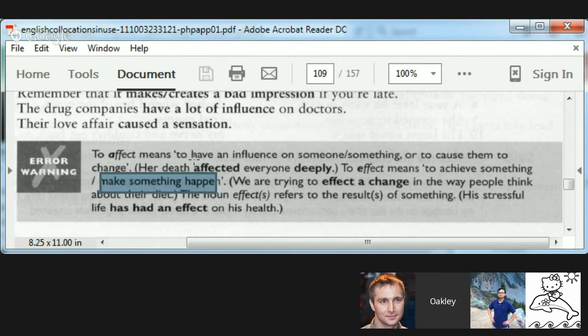It made something happen to everyone deeply. We understand by deeply that means emotionally. A lot of times it's possible to use effect instead of affect, but not vice versa. Usually, affect is used for me.